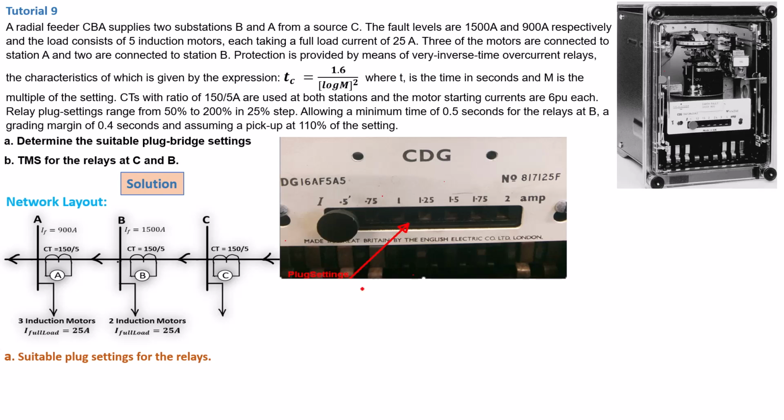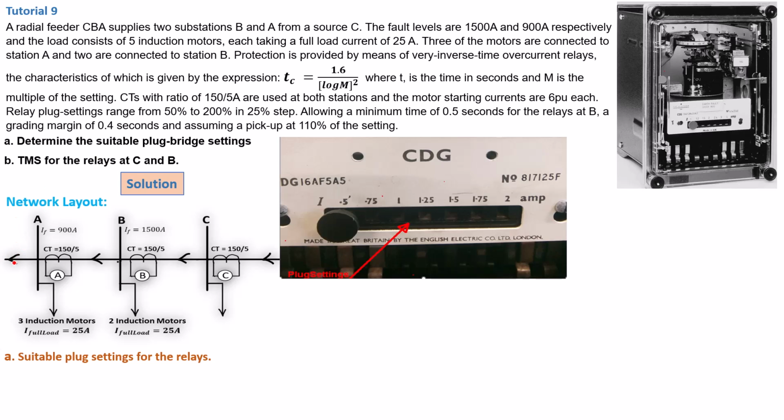So our calculation is going to give us a value that will be within this range of plug settings. But when you're calculating the plug settings, remember the plug settings are for each one of these relays that are located on each one of these bus bars. Now I have already stated that relay C here will actually be protecting the situations going on at bus bar B, and relay B will be protecting whatever is going on at bus bar A. So which means relay A here will be protecting something that is not illustrated in our network.